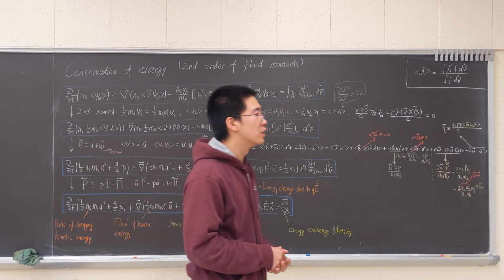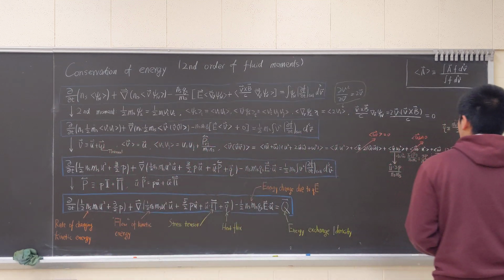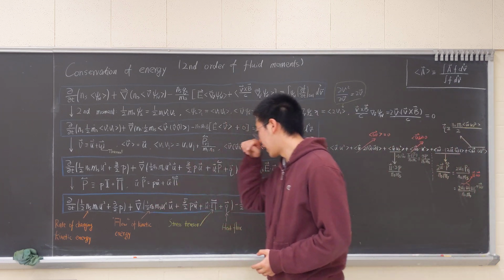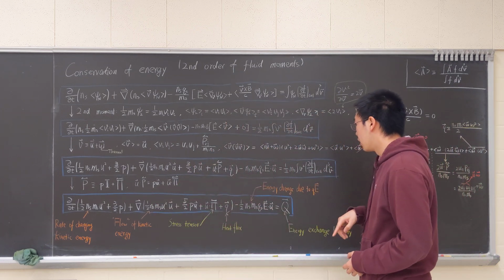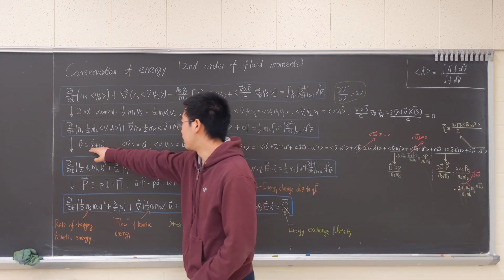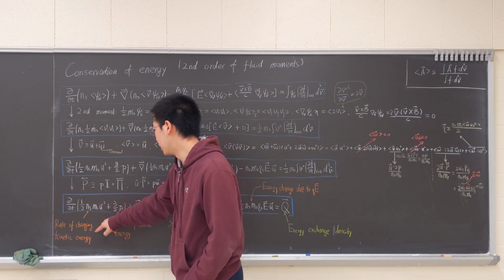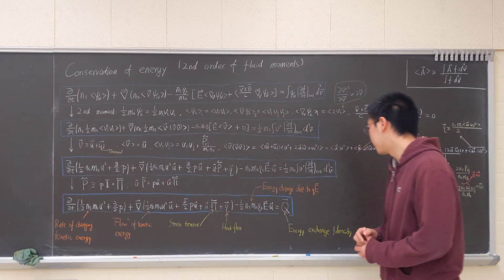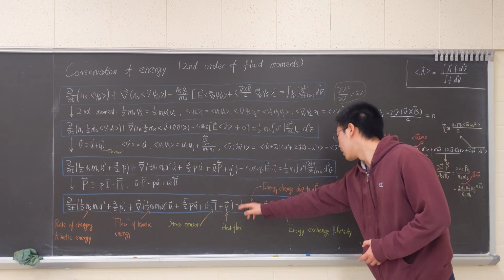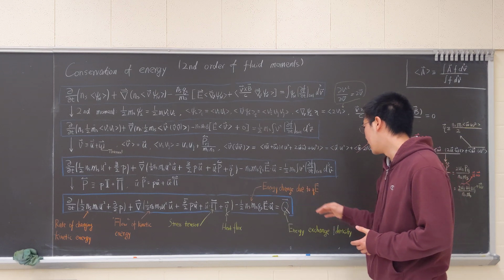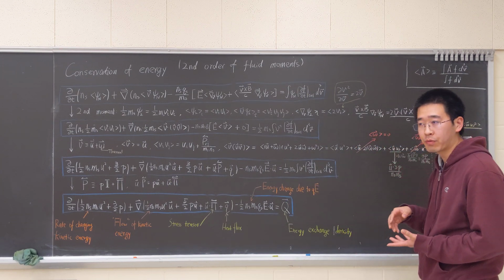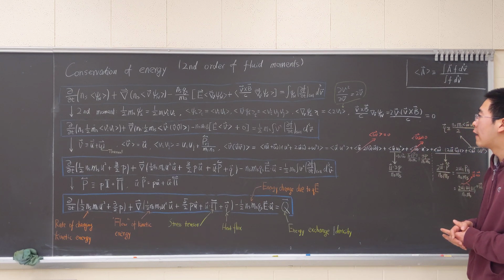Basically, the exchange of heat instead of kinetic energy. Basically, one is U, another is W. U is the kinetic. This is heat. Q is heat. And this is energy change due to qE, basically electric field, electric force.